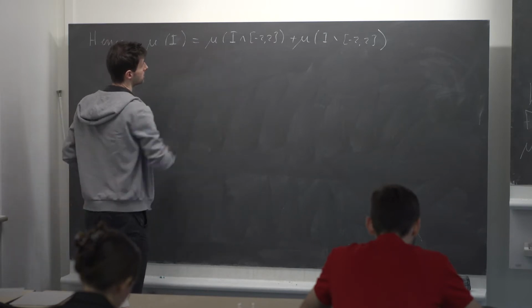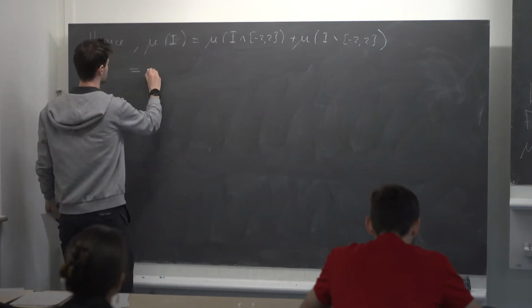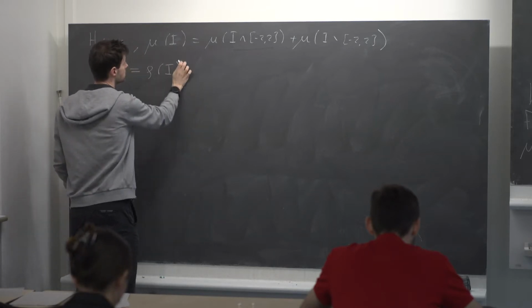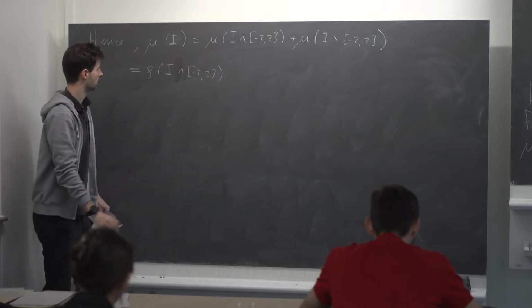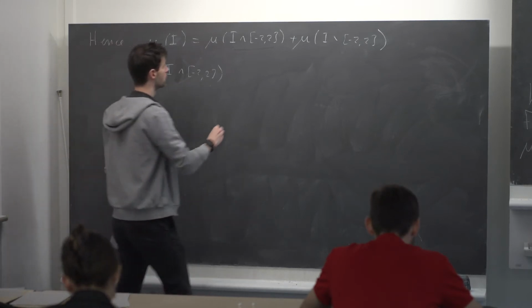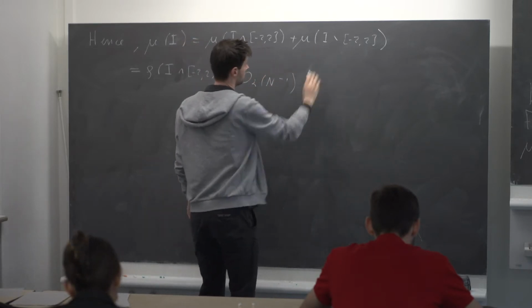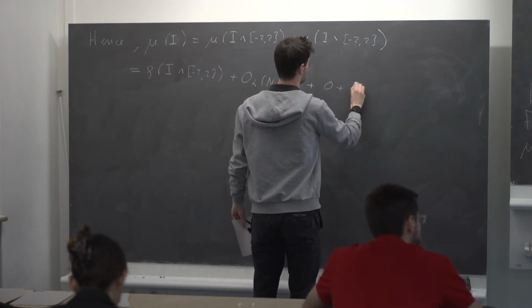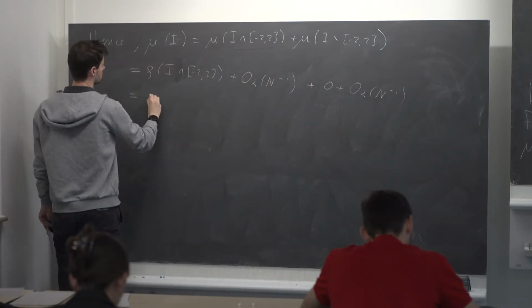So I'm considering an interval which satisfies the assumptions of our previous estimate. So this is equal to rho of I. Well, formally rho of I intersected with minus 2, 2, but I can just forget about this, because rho is supported in this interval minus 2, 2, plus rho of this guy, which is equal to 0, and this is equal to rho of I.